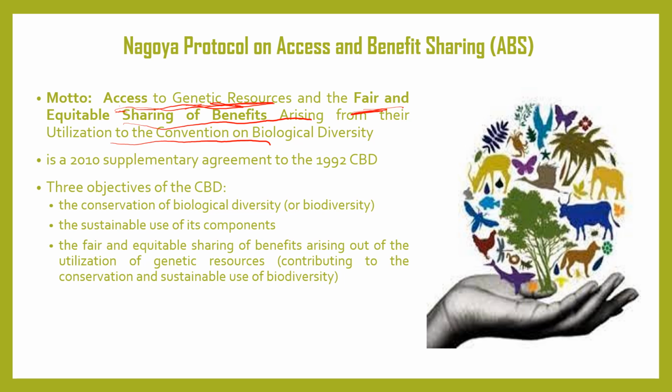Monetary benefits can be providing infrastructural facilities like schools, colleges, research facilities, and many other types of philanthropic donations like books to the country of origin of that particular genetic resource.